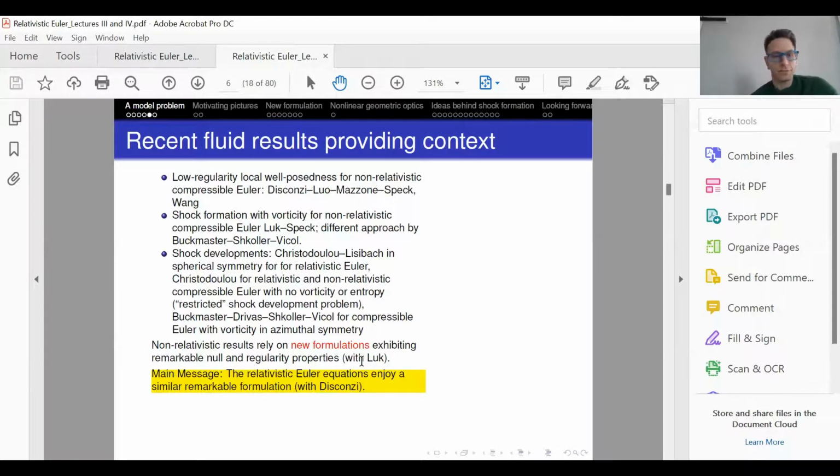Basically all of the same structures one sees in the new formulation in the non-relativistic case seem to be present in the relativistic case as well. Sometimes there are some additional complications in the relativistic case, but the basic structures remain intact. And it's my firm belief that basically all of the non-relativistic results should carry over. Doesn't mean they're easy problems, doesn't mean that they're bad problems to work on, especially for a student or someone trying to learn the field, but I do believe they should essentially carry over.